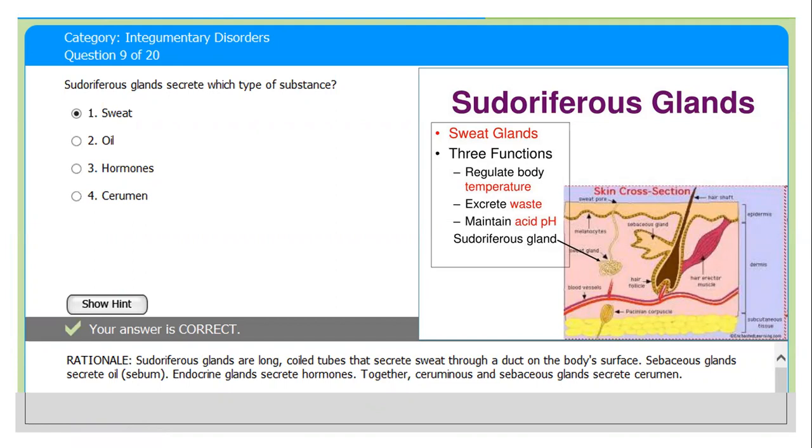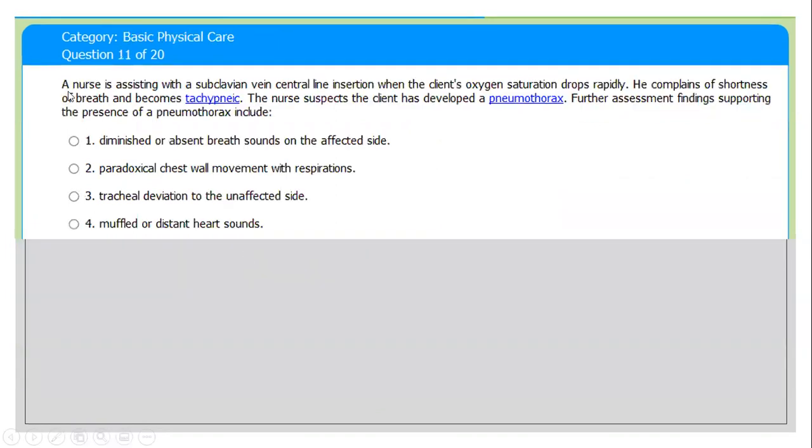Next question. A nurse is assisting with subclavian vein central line insertion when the client's oxygen saturation drops rapidly. He complains of shortness of breath and becomes tachypneic.